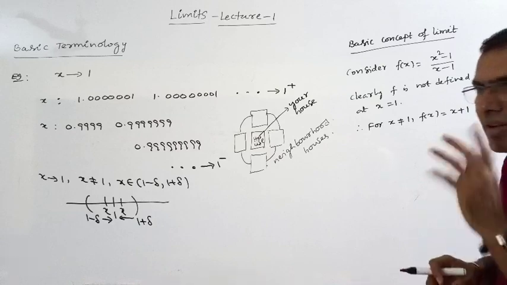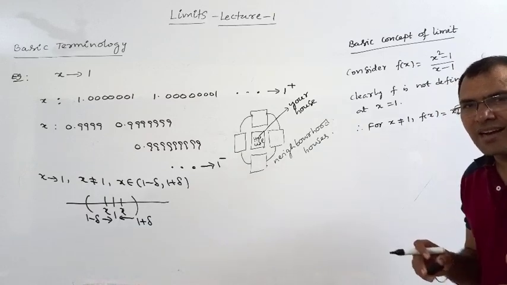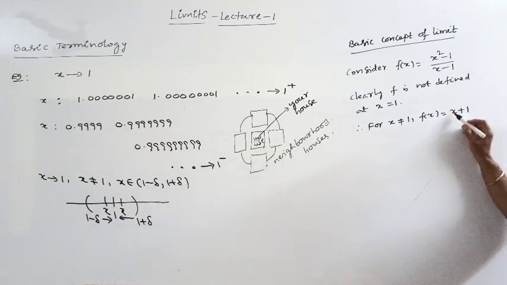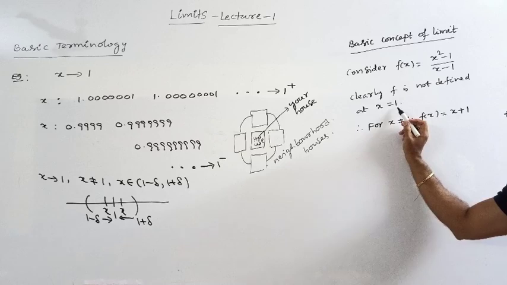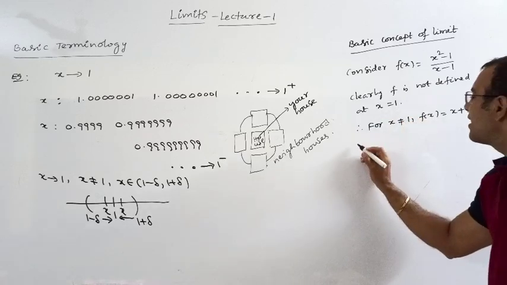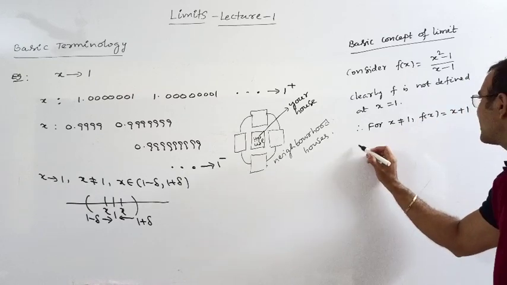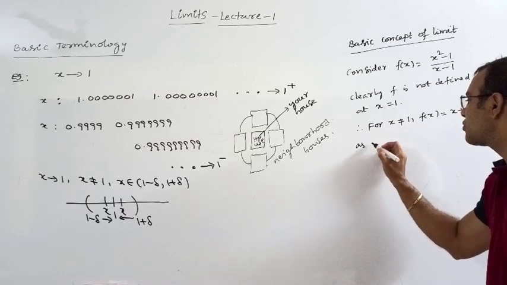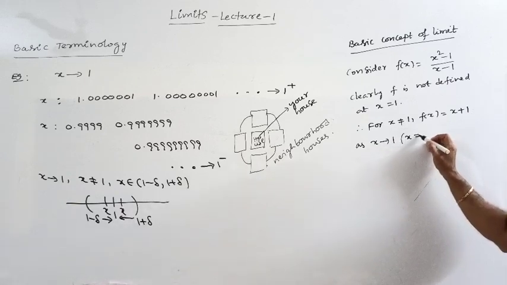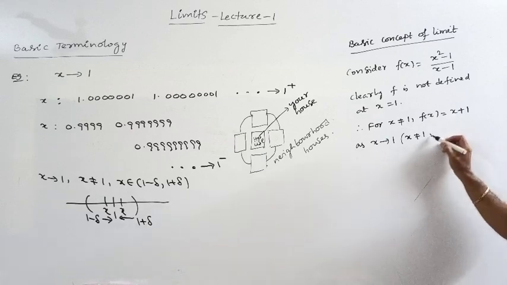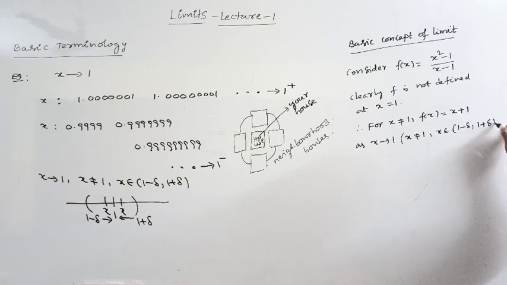When x approaches 1, x is not equal to 1. So we will study the values of x plus 1 in the deleted neighborhood of 1. I am writing this: as x approaches 1, which means x not equal to 1, and of course x belongs to 1 minus delta comma 1 plus delta.